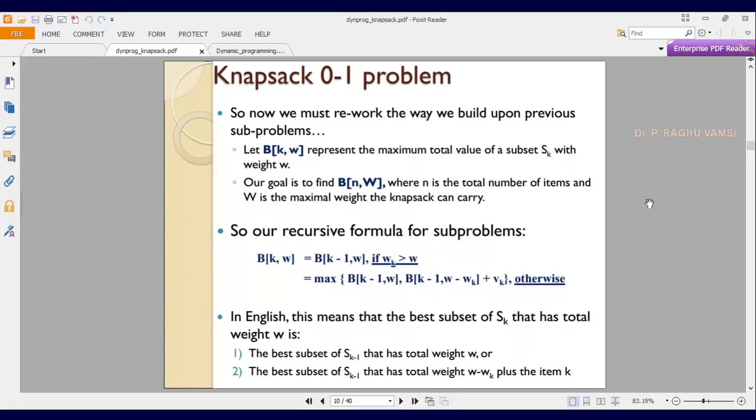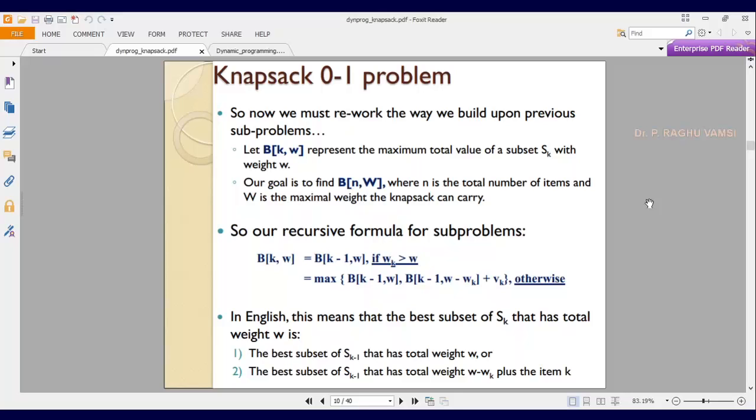The corresponding value will be chosen as the previous value, that is the previous item comma w, if the current item's weight is greater than the weight that is going to be considered in the current stage. That means you are going to take a somewhat higher weight compared to the current stage.